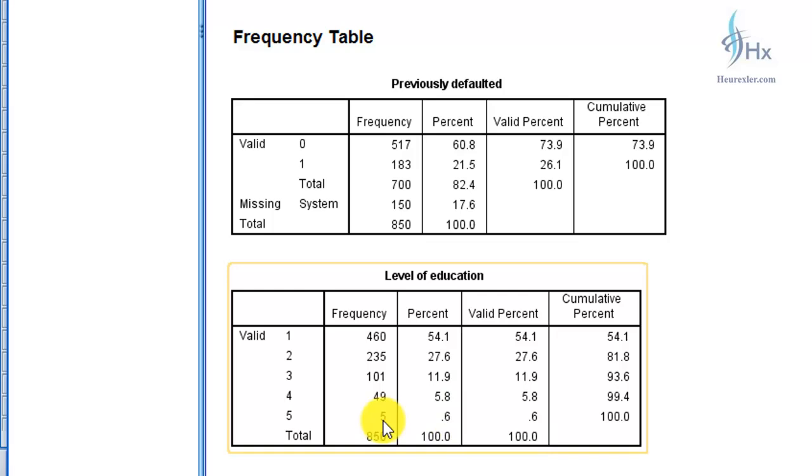So this you need to report when you write in any journal or in any report for a company or for any organization, the overall descriptive scenario of the sample that you studied. These are again valid percentages and cumulative percentages.